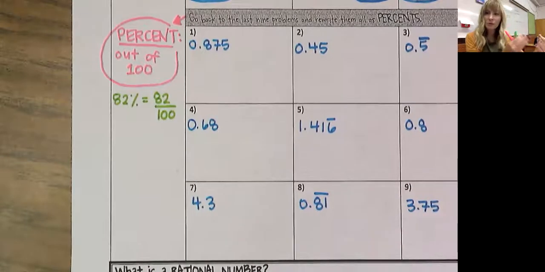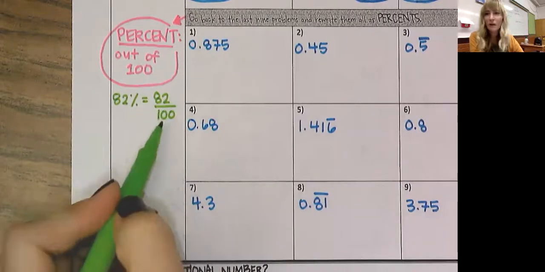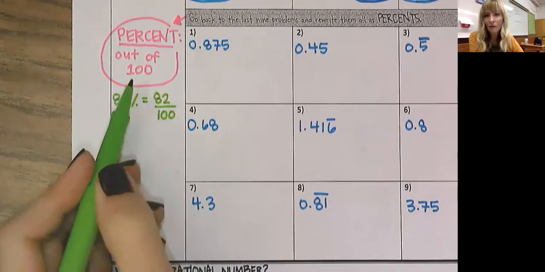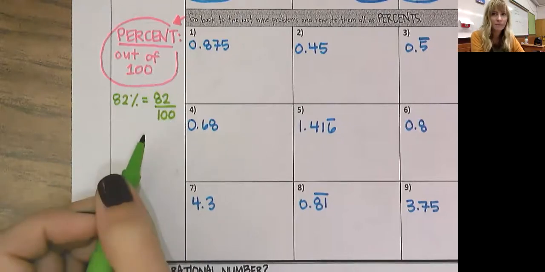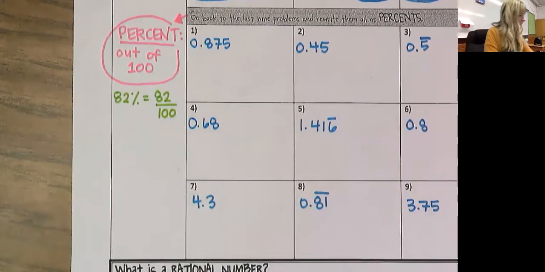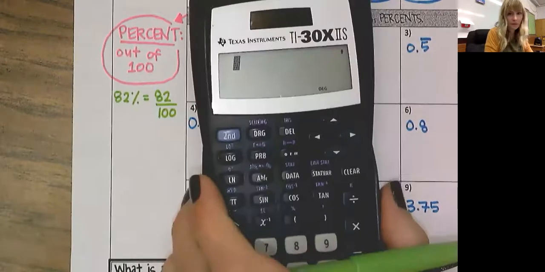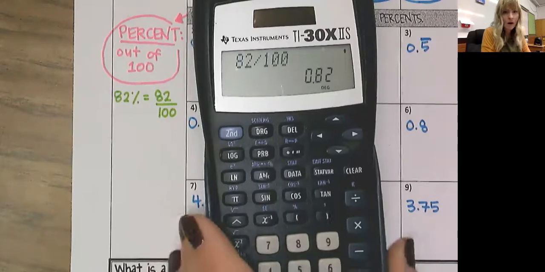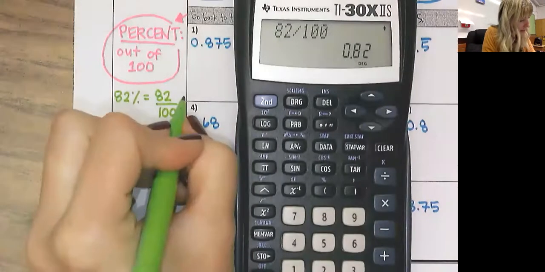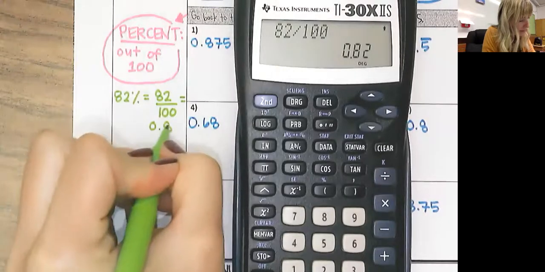So actually what a percent is doing is dividing by 100, because we know that's what a fraction is, right? Per means out of, so if I put it out of 100, I'm really doing 82 divided by 100. And of course, if I type that in my calculator like we've been practicing, if I change this fraction into a decimal, 82 divided by 100, I can also put that as a decimal, 0.82.